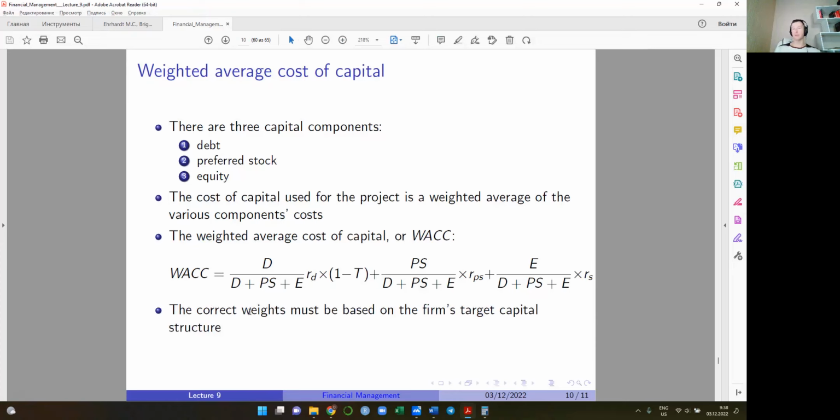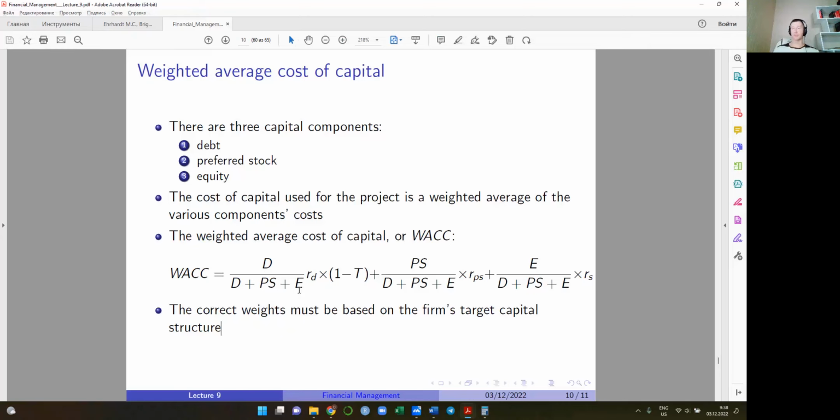And the important conceptual thing here is that the correct weights must be based on the firm's target capital structure. What does it mean? It means what kind of capital structure the firm is planning to have in the investment project.